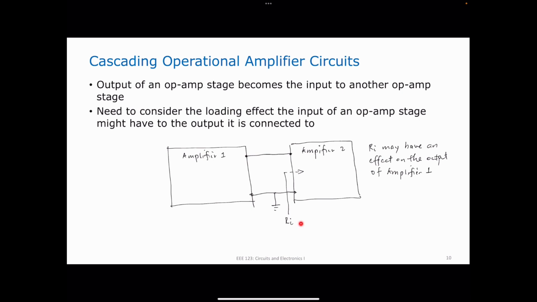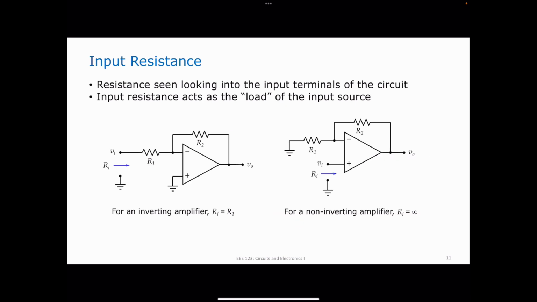Now, speaking about this Ri, it makes a difference whether your op-amp is an inverting amplifier or a non-inverting amplifier. For example, if your op-amp is an inverting amplifier, take a look at this circuit. What did we say about an ideal op-amp?